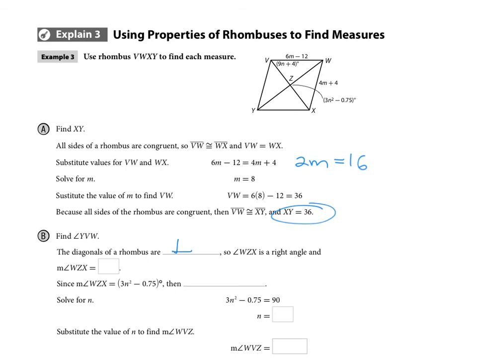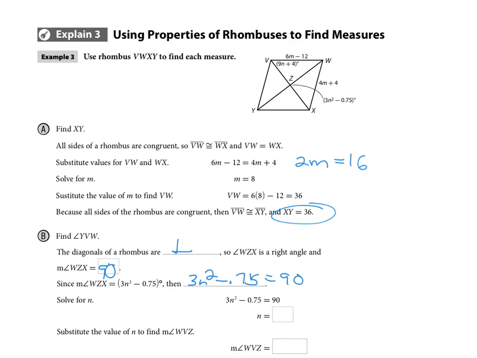So angle WZX is a right angle, which is 90. And then since WZX we're given is 3n squared minus 0.75, then what I can say is that that 3n squared minus 0.75 value has to be equal to the 90-degree angle that I know that it is.